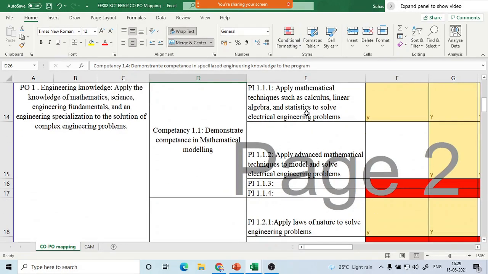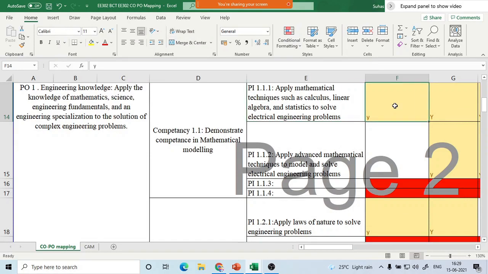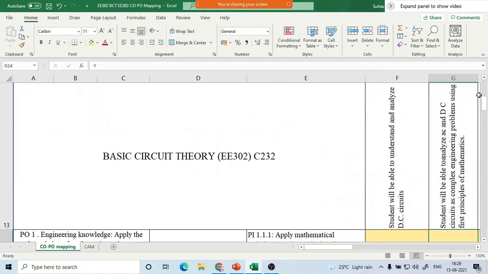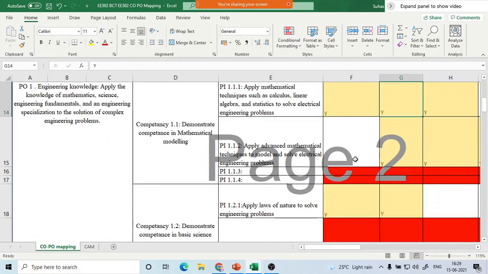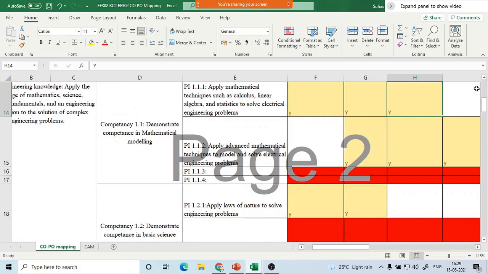And this performance indicator, apply the mathematical techniques. Now I can give a yes or no for this. Yes, we are going to do it. That's why I put this CO1, I am going to cover this. CO2, I am going to cover it. And the same way I can have CO3 also. But CO4 is typically practical knowledge we are going to incur. That's why we have not kept CO4 for this.